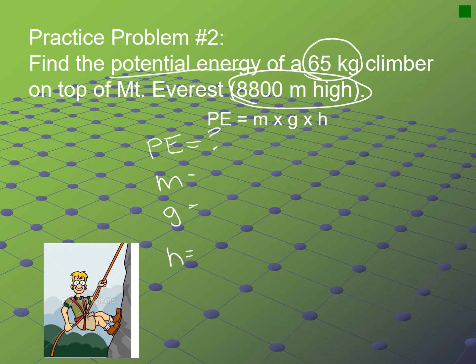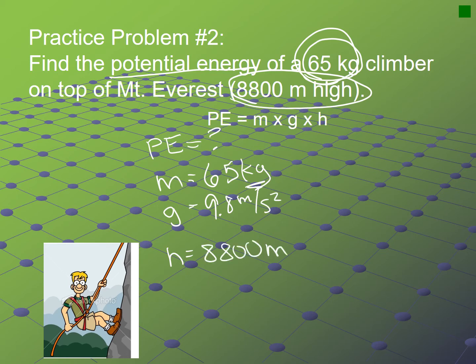My mass is 65 kilograms, so I'm going to write 65 kg. Yes, once again, you cannot be lazy and you have to write that kg. Then my G, because I'm assuming Mount Everest is on Earth, is 9.8 meters per second squared, and your height will be 8800 meters.